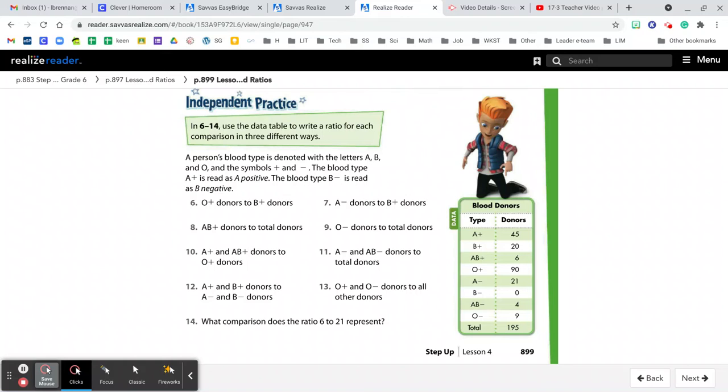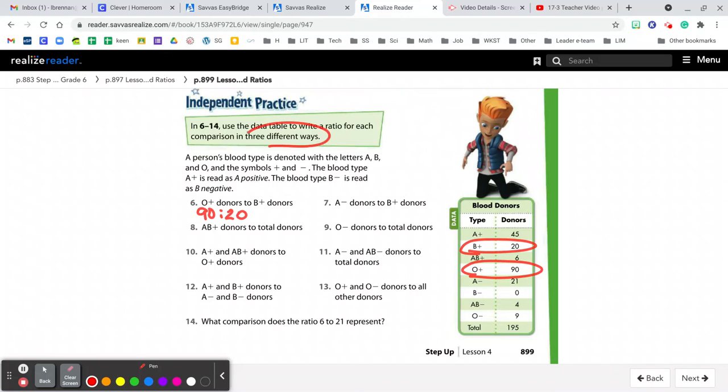So we're going to say O. You can see the O positive is 90, and B positive is 20. So we're going to say 90 to 20. And it says 3 different ways. We want 90 to 20 and 90 over 20. Remember, numerator.